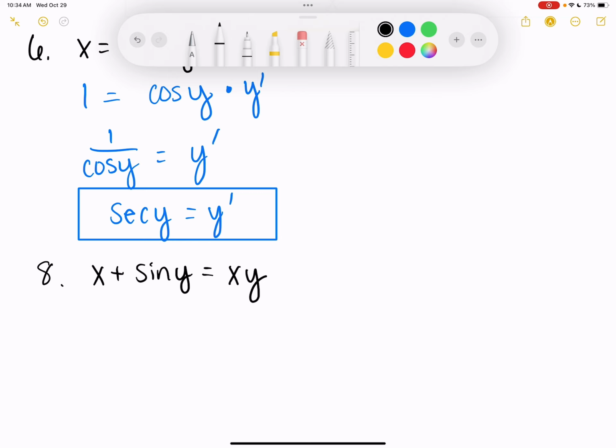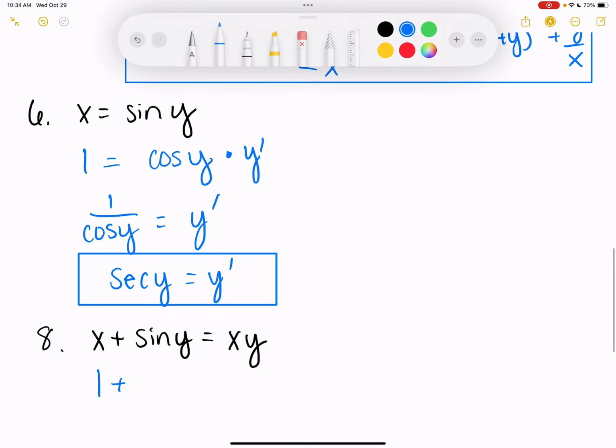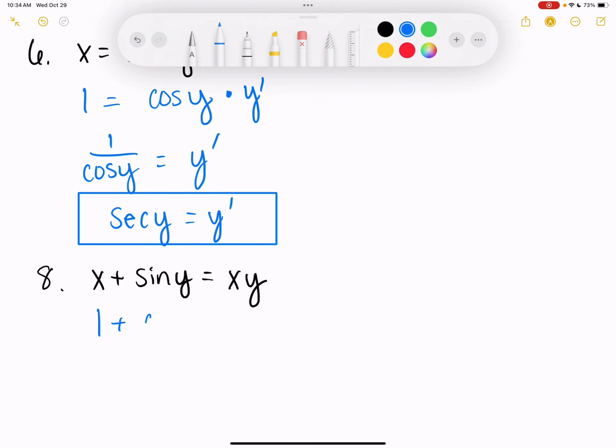So taking the derivative, I would have 1 plus, this is literally the same thing that we had up here, so this would be the cosine of y times y prime is equal to, over here I've got a product rule, so the derivative of the first thing would be 1, so it'd just be 1 times y, plus the first times the derivative of the second, so that would be x times y prime.